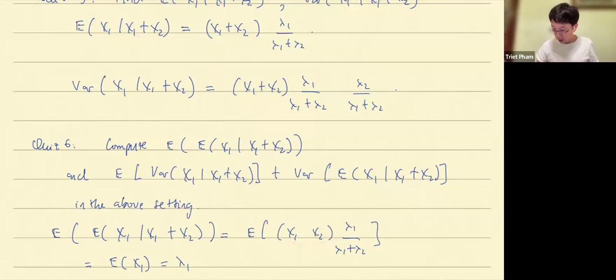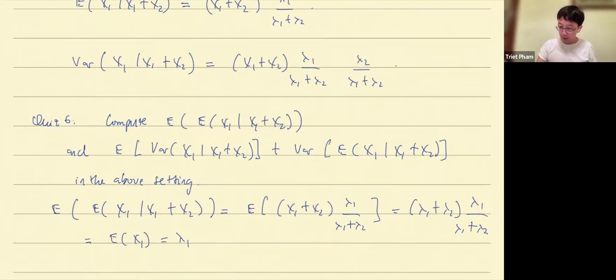And clearly this is lambda 1, this is lambda 2, so we get lambda 1 plus lambda 2, giving us the final answer as lambda 1. All right, any question?